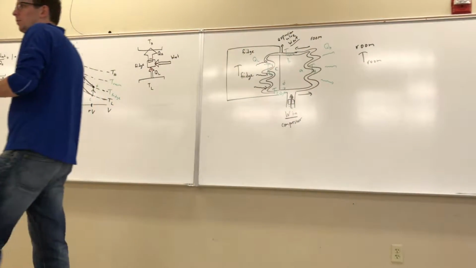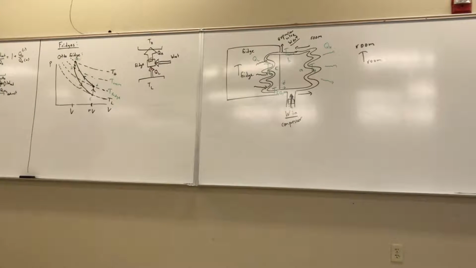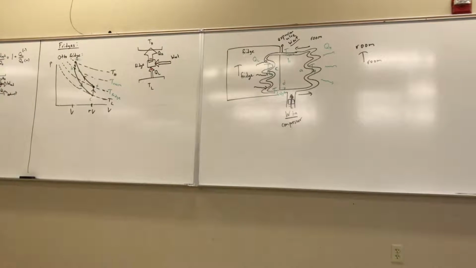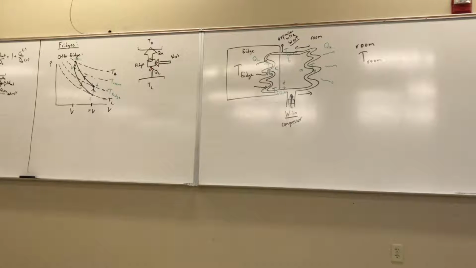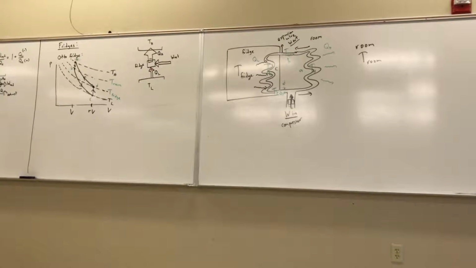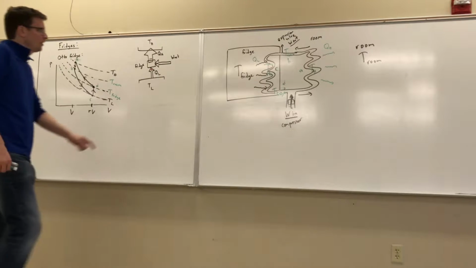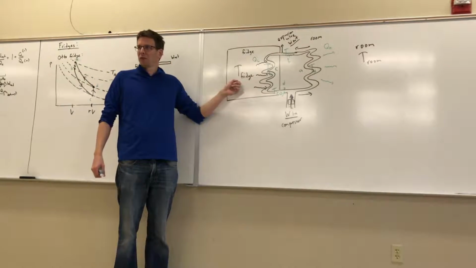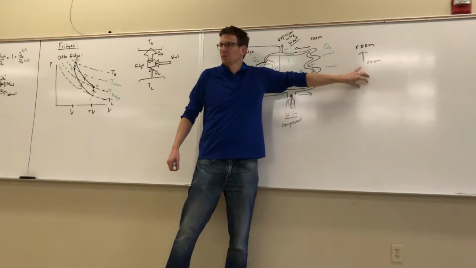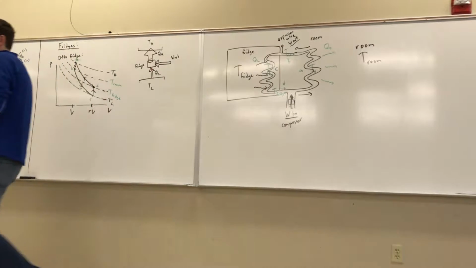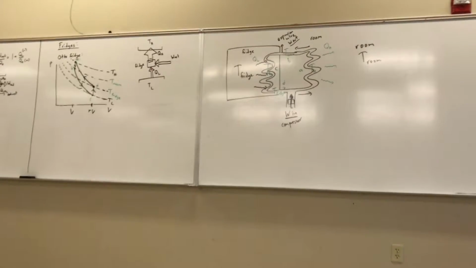So there does need to be a net work input in order to get this gas to keep on circulating in such a way as to evacuate heat from the colder space and go dump it to the hotter space. So the net effect is that heat is coming out of the refrigerator and going into the room. But you could never have that happen without plugging the refrigerator in and running the compressor.